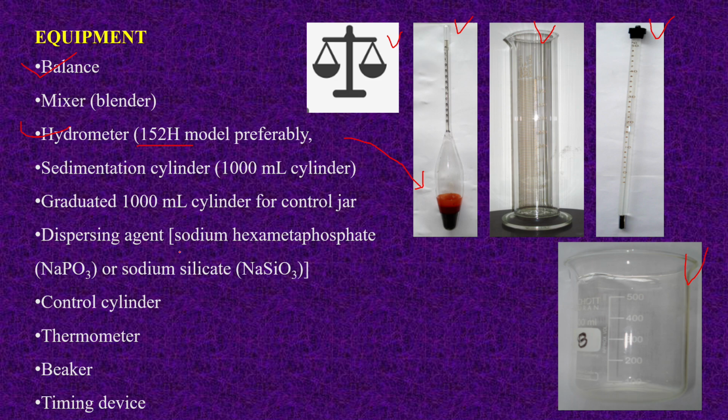One chemical is required, sodium hexametaphosphate, (NaPO3)n, or sodium silicate. This chemical is used as a dispersing agent because the soil particles are adhesive to each other. For the analysis, suppose this particle is a sand particle and another silt particle is adhering to it. They should be separated for the analysis.